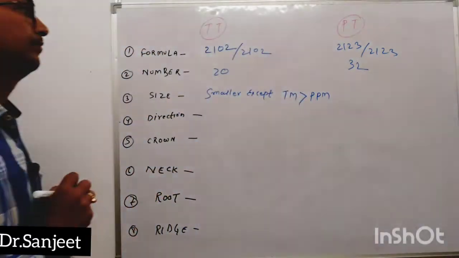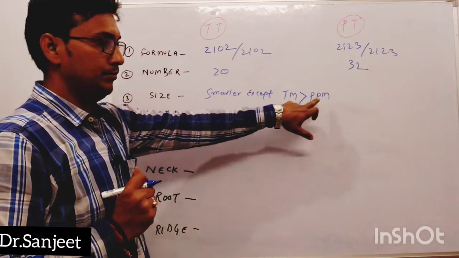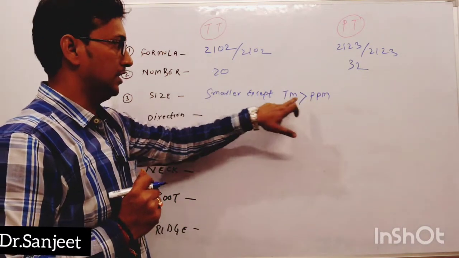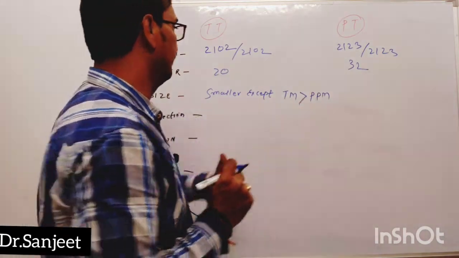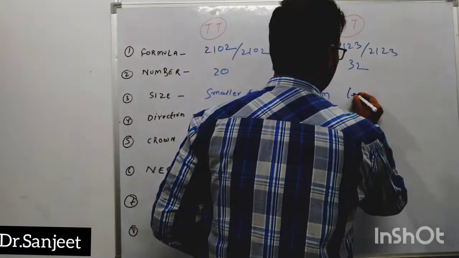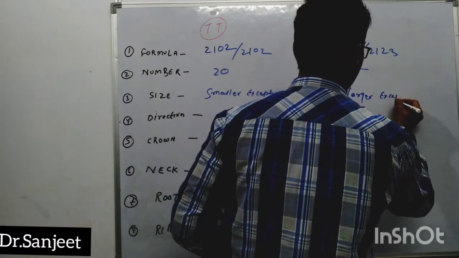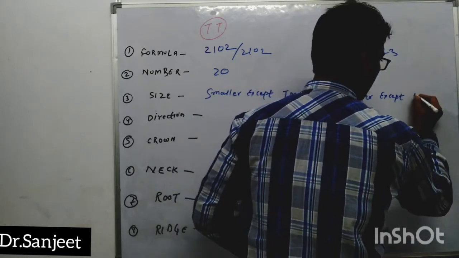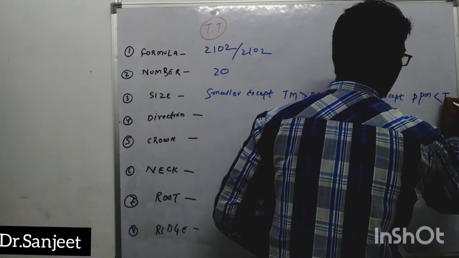The temporary molar is replaced by the permanent premolar, but the size of the temporary tooth is larger than the permanent premolar. The exception is the same: the permanent premolar is smaller than the temporary molar.